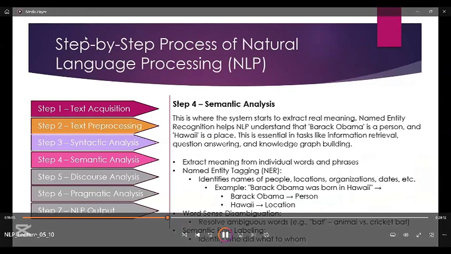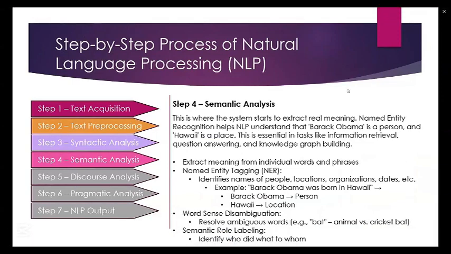So the next step is semantic analysis, right? Okay, so this is where the system starts to extract the real meaning. In this process, named entity recognition helps NLP to understand the person, the location, the place. Likewise, it helps to exactly understand the real meaning, right?